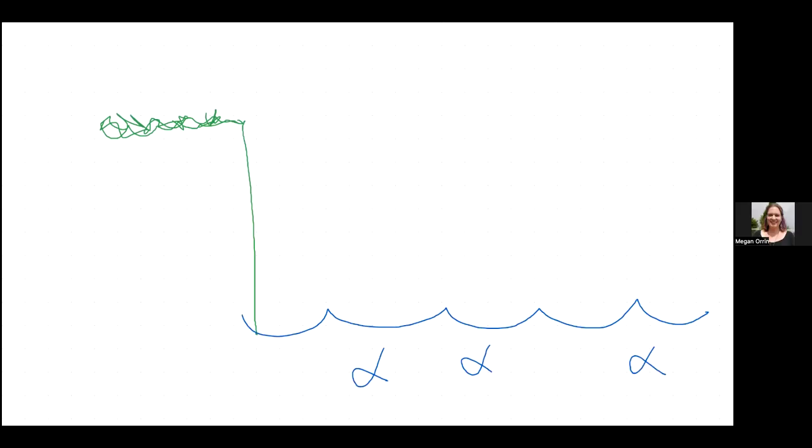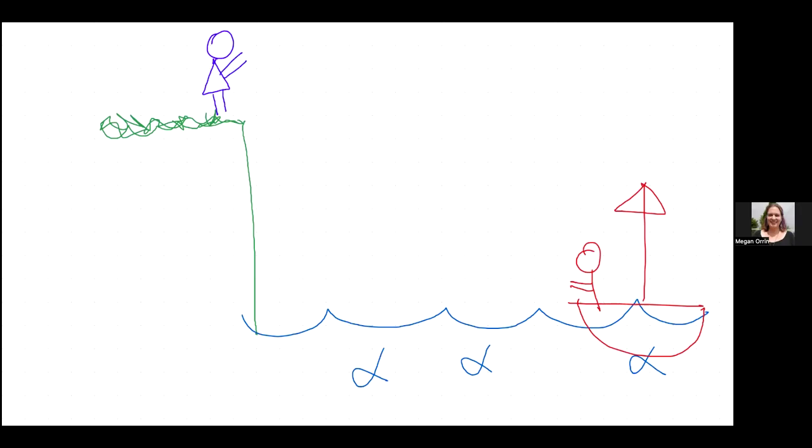And then we have a boat. There's a dude in the boat. And there is his girlfriend up on the cliff. She's very sad because she misses her boyfriend. He's very sad because he's leaving her.